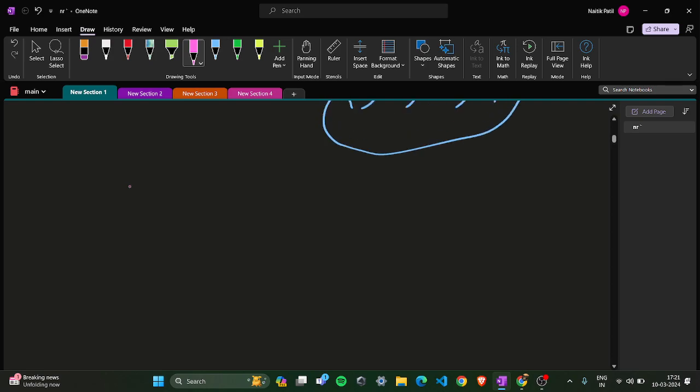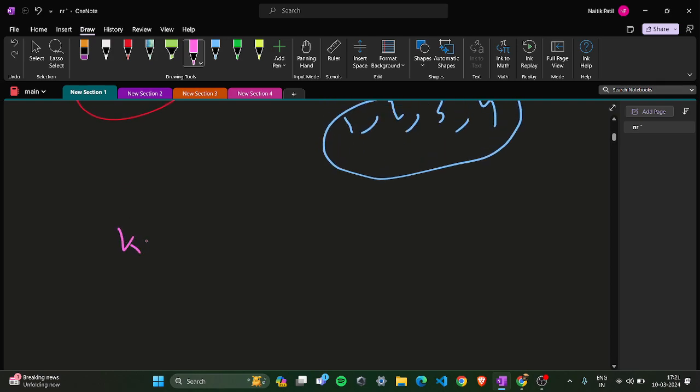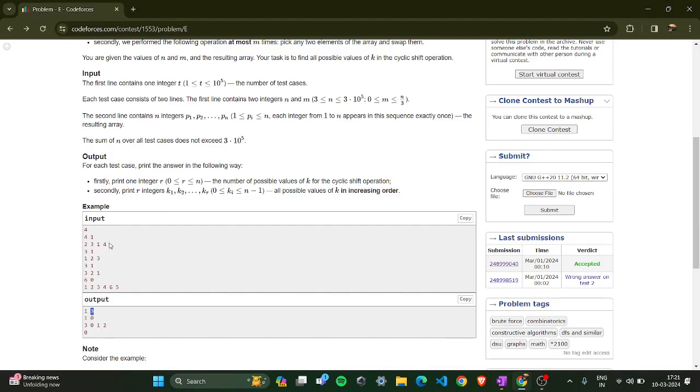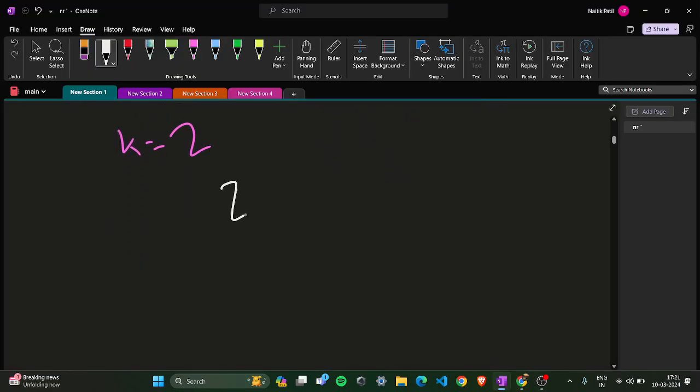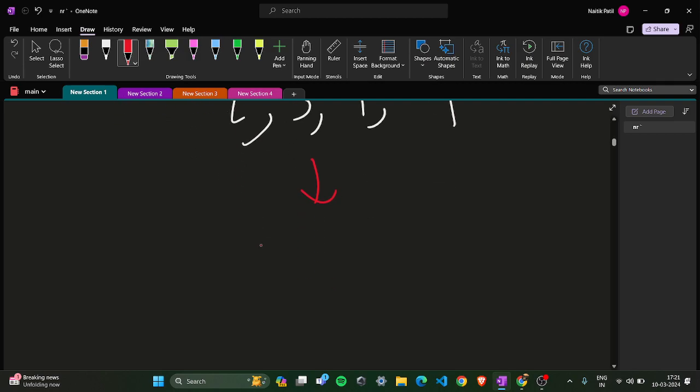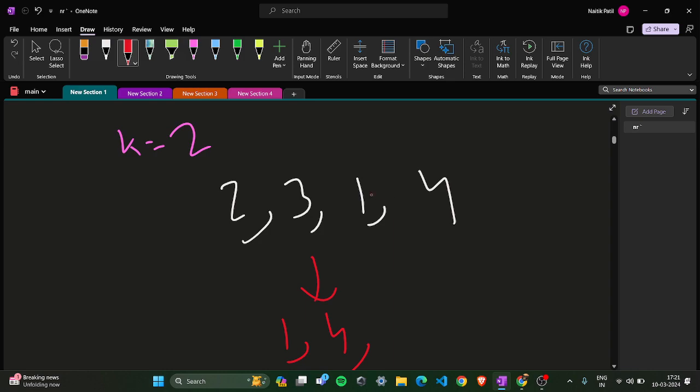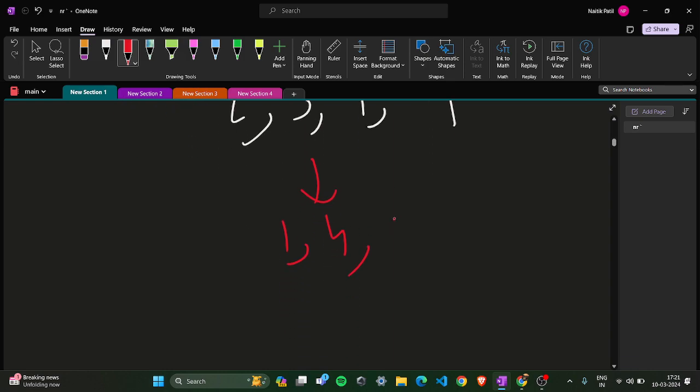Let's check why the answer is not possible when k was 2. So first of all, we have 2, 3, 1, 4. Now shift this resulting array to the left by 2, then our permutation is 1, 4, 2, 3.